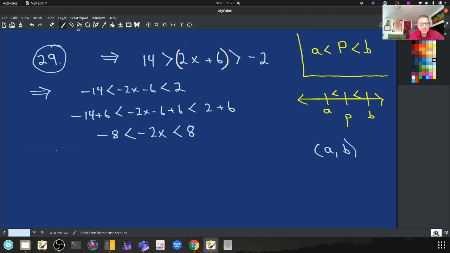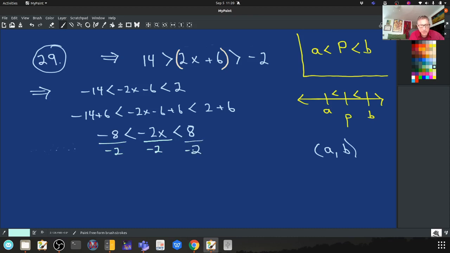Now here is the unfortunate part. Usually it's better to get them this way, but because of what I said over here, we're going to have to redo something. I want to find out what x is. We need x right here. So I have to divide all three parts by minus 2.